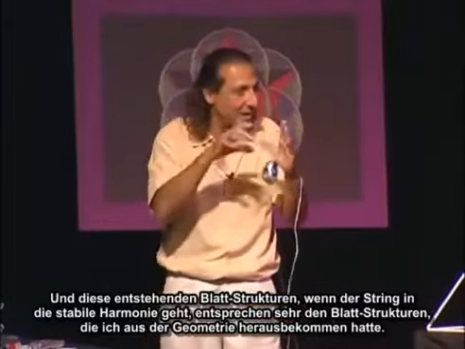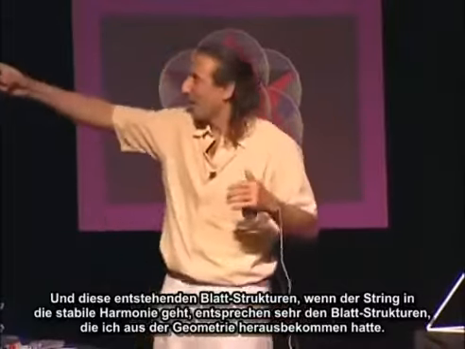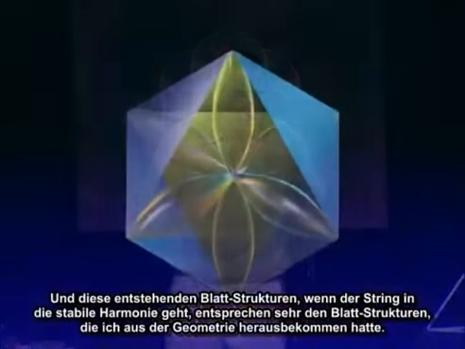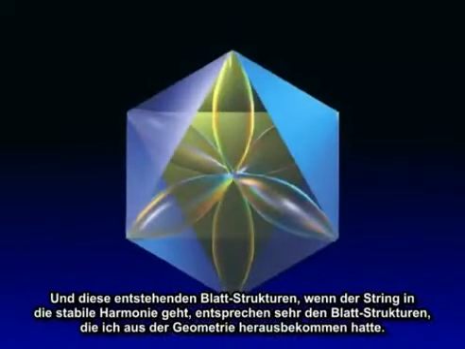And those lobe structures that are generated when the string goes into stable harmonics resemble very much the lobe structures that I was getting when the spheres are intersecting in this geometry.